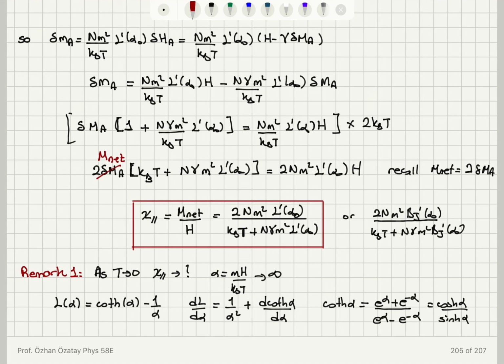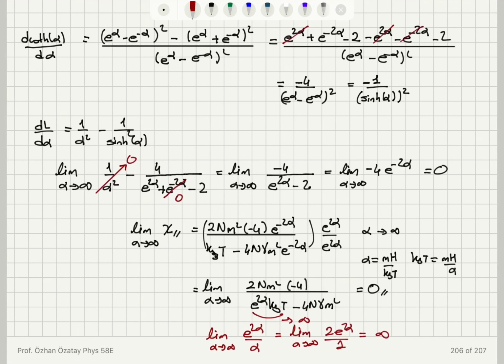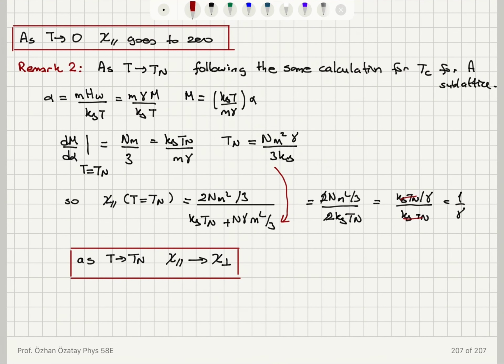Alpha 0 is when the applied magnetic field is 0. And if we look at the limit as T goes to 0, the Langevin function derivative is 1 over alpha squared minus 1 over sinh squared alpha, and that is going to 0 as alpha goes to infinity. So we find that the longitudinal susceptibility goes to 0 as T goes to 0.